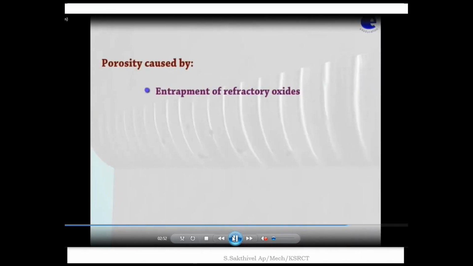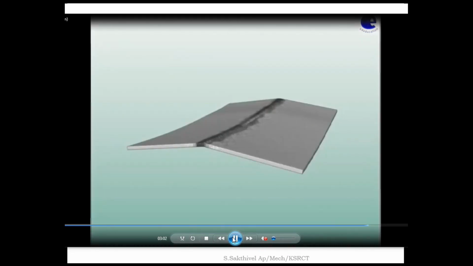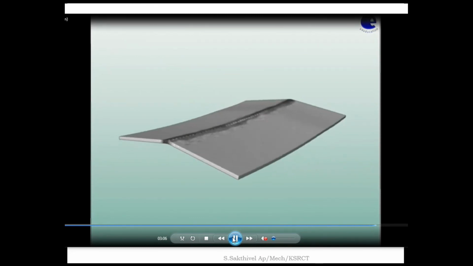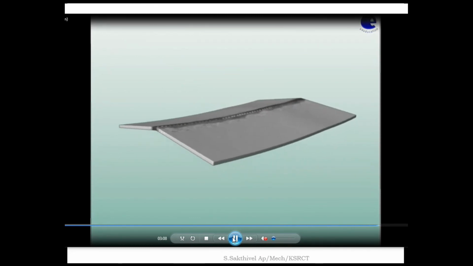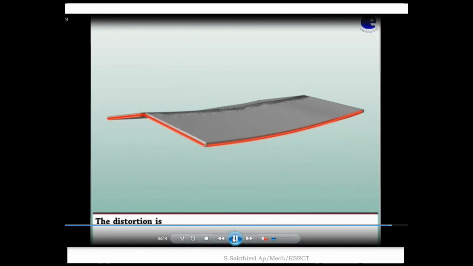Porosity is caused by entrapment of refractory oxides, improper joint design, poor electrode manipulation, then distortion. So it will be a small amount of weld that will not be at the correct angle. Okay, so you just want to keep the angle properly.